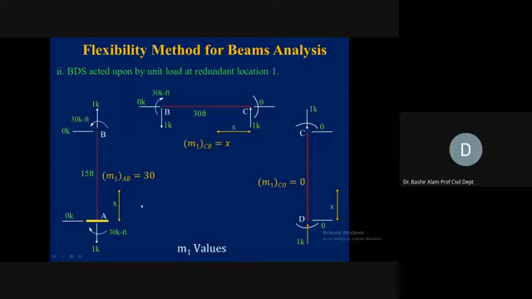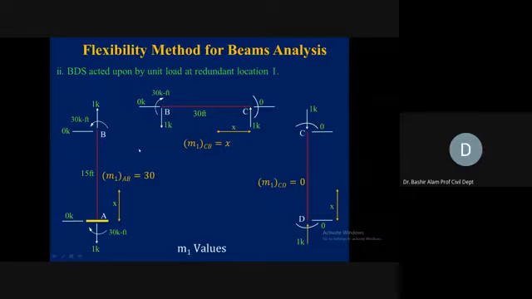Member AB is in equilibrium. Joint B should be in equilibrium. 1 kip from member AB at B in the upward direction, so for BC at B it will be in the downward direction. Summation of Fy is satisfied, horizontal is 0, and 30 counterclockwise with 30 kip-feet clockwise, so joint B is in moment equilibrium.